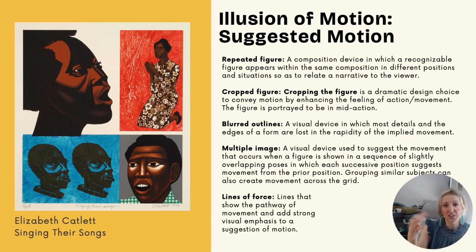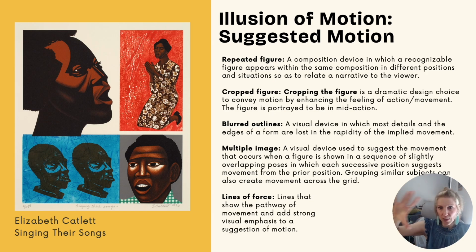Multiple image is a visual device used to suggest the movement that occurs when a figure is shown in a sequence of slightly overlapping poses in which each successive position suggests movement from the prior. Grouping similar subjects can also create movement across the grid, right?